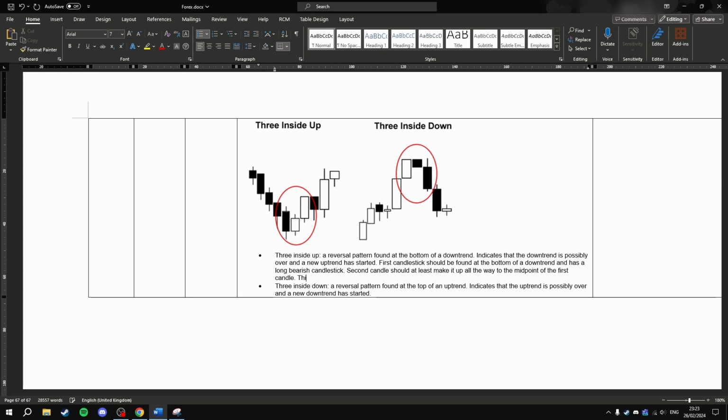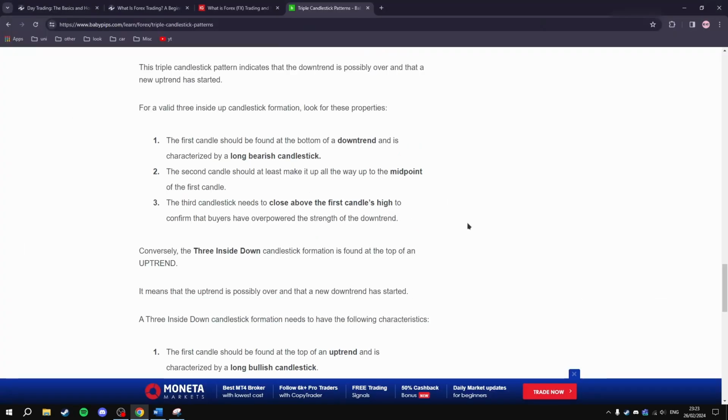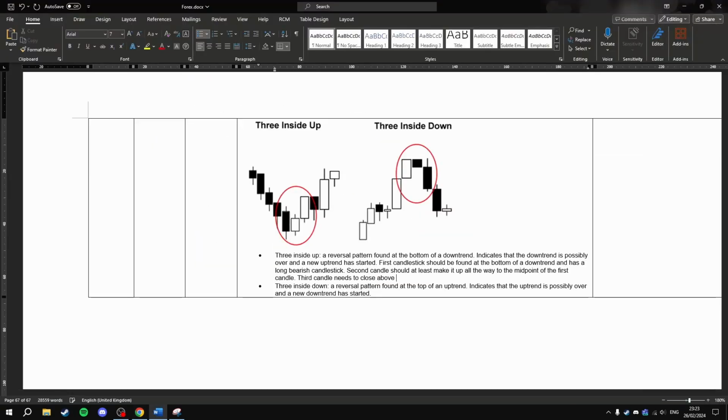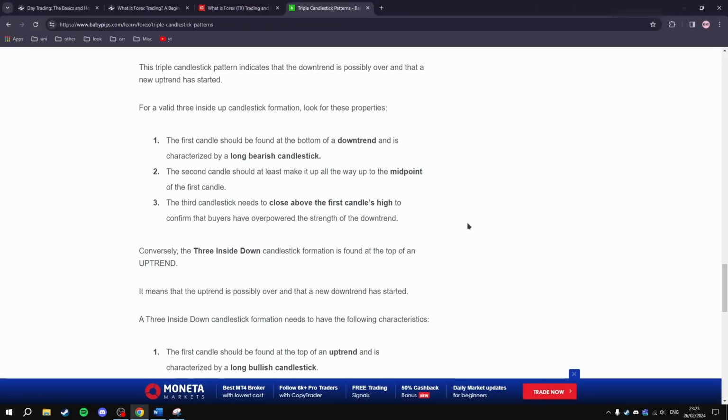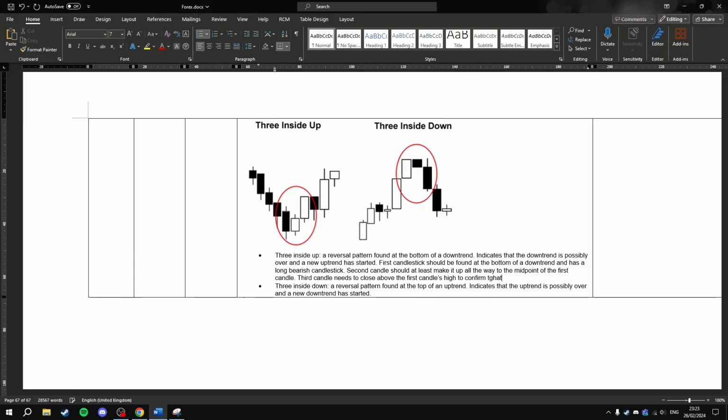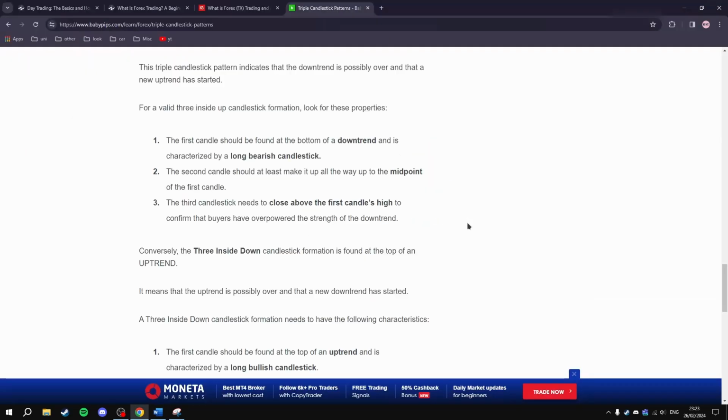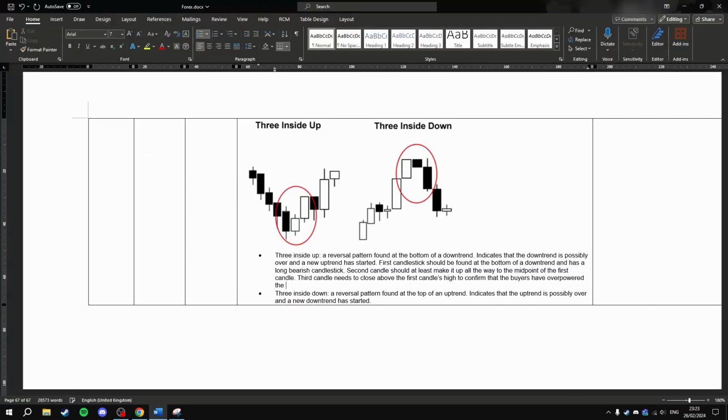The third candle needs to close above the first candle's high, to confirm that the buyers have overpowered the strength of the downtrend.